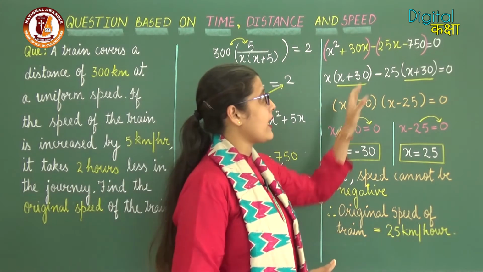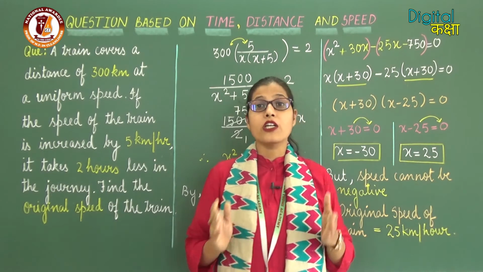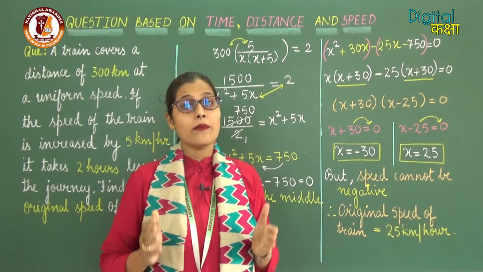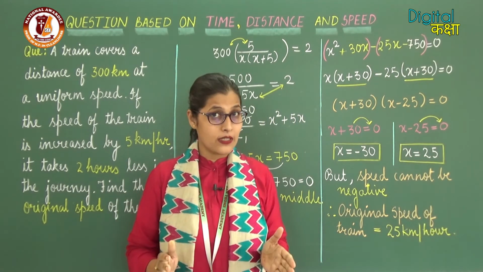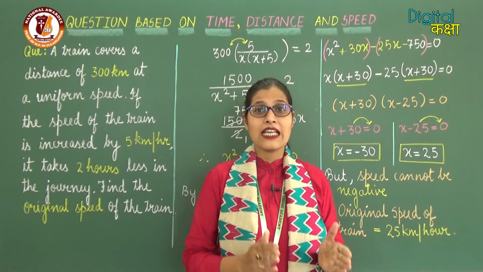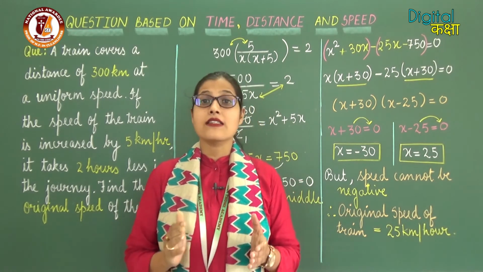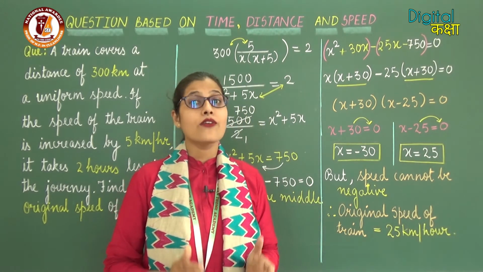When we are multiplying 30 into minus 25, our product is coming as minus 750, and on adding plus 30 and minus 25, we will be getting the sum as 5.